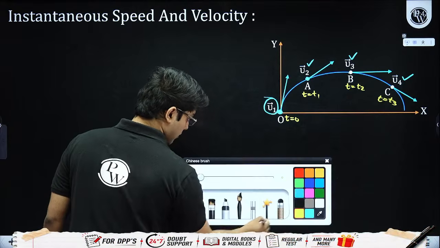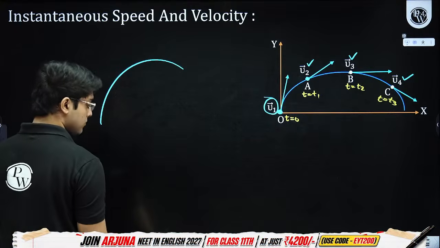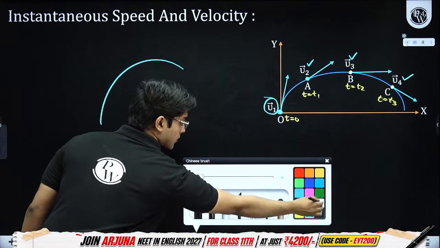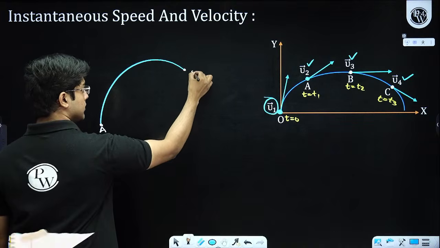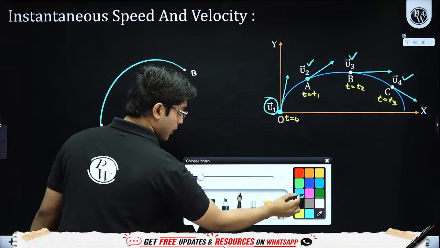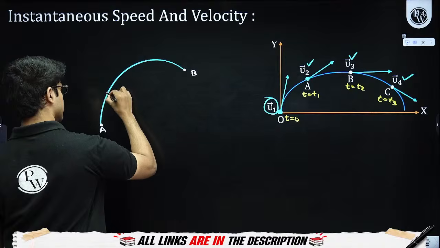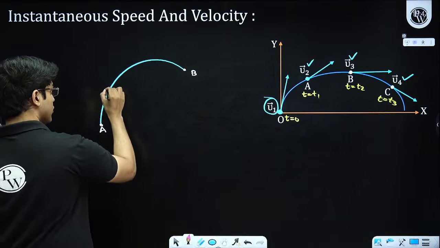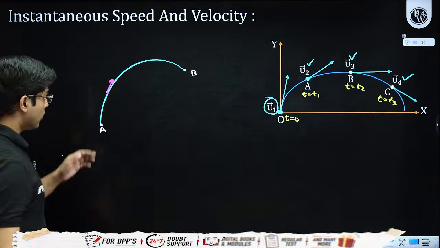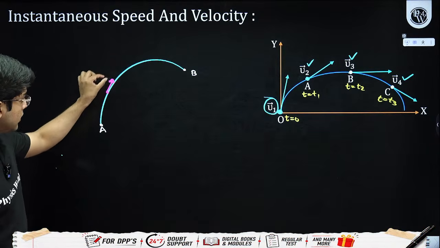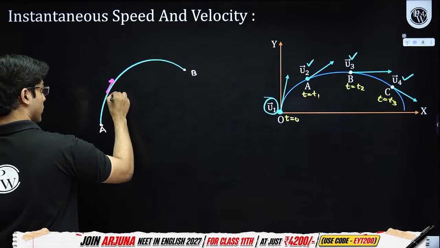Another important point is, let's say we follow this path in a journey from A to B. If I want the direction of the velocity at some point, let's say at this point, what you have to do is draw a tangent to the path. The velocity will be in this direction only. I'm going to call this point 1.